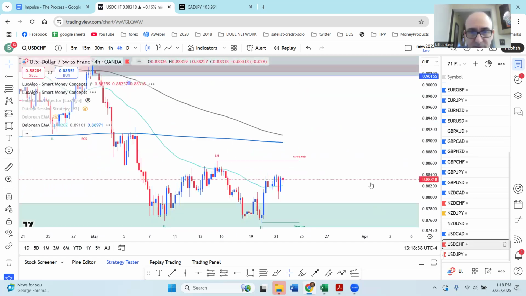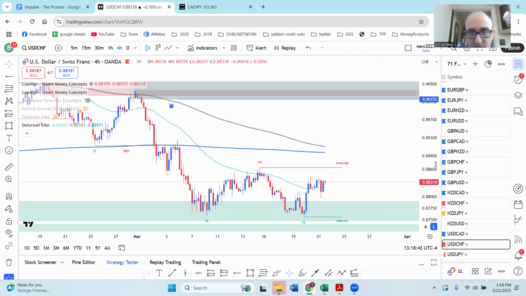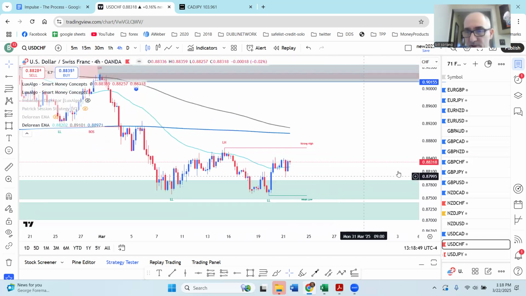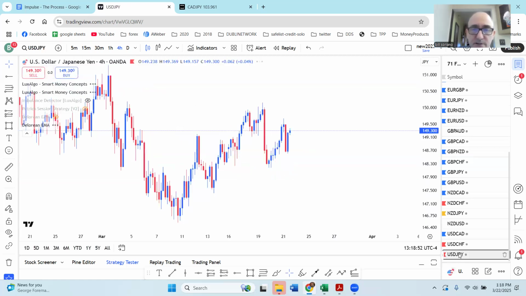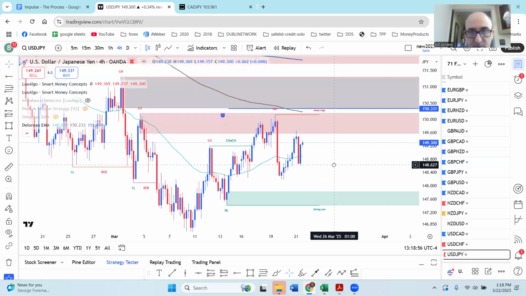USD CHF, this one is trending down right now on the 4 hour. So this is our supply zone up here. We're waiting for price to hit. And then these would be our target areas down here. USD JPY, same thing here. This zone was already hit.